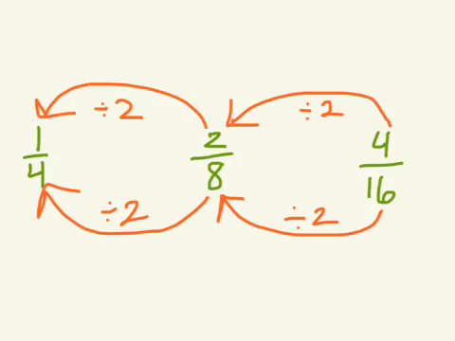What if you wanted to be really, really efficient and do this in just one jump? Could you do that? Is there anything that you could do to get straight from 4 to 1, and it has to still work to get straight from 16 to 4? What do you think?